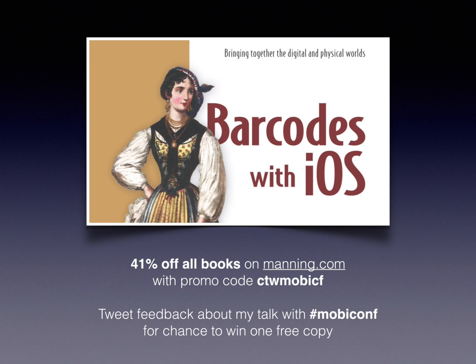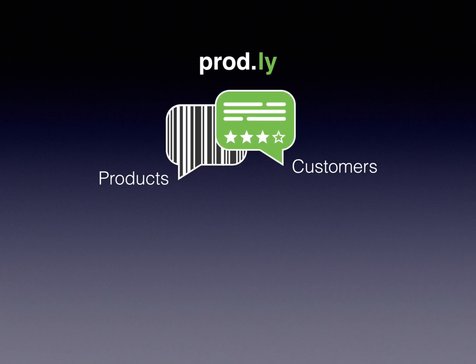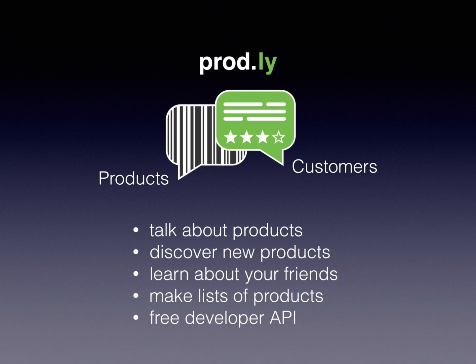Okay. I mentioned developer evangelist for product layer GmbH, and our main product is Broadly. And Broadly, I need to briefly explain if you haven't heard about this before, gives customers a way to talk about products.